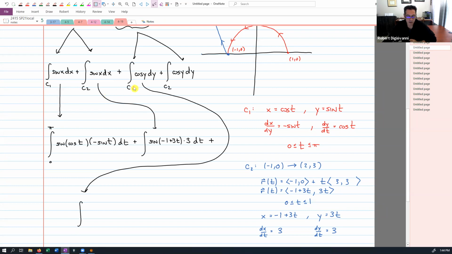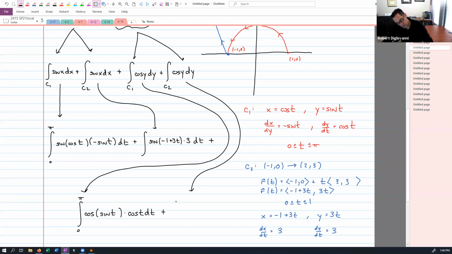Integral, now we're going along C1 again, right? So along C1 is from 0 to pi. This time it's cosine of y. But if we're on C1, y is sine of t. And then times dy, which is the derivative of sine t, which is cosine t dt. And now finally the last integral.